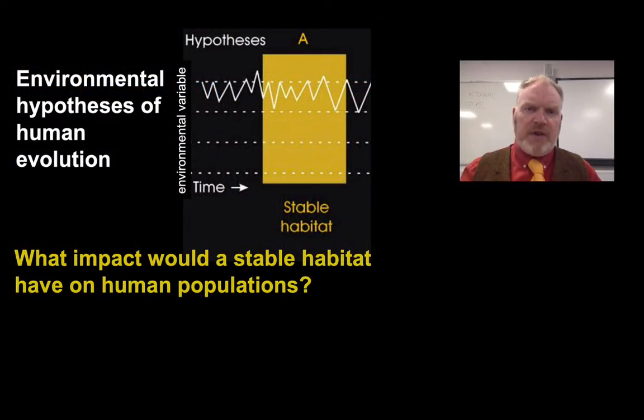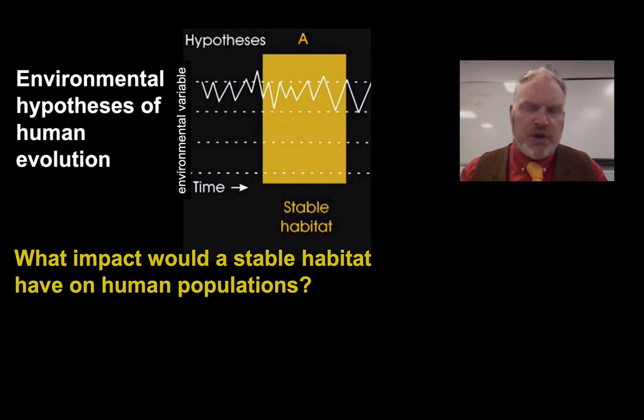If we think about the effect of environment on human evolution, if we have a fairly stable habitat, what effect's that going to have on human population? Not just in numbers, but particularly in terms of any evolutionary change.